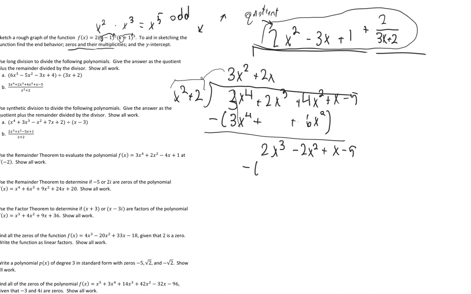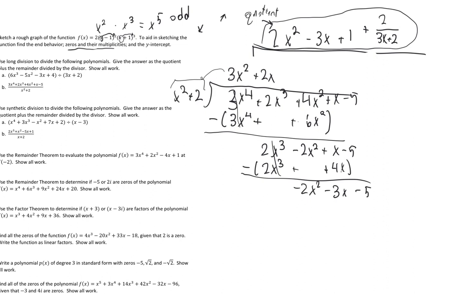So we minus 2x times that. So 2x cubed plus, leave this one blank again, and then 4x right there. Go ahead and add these down. These cancel. We get minus 2x squared minus 3x, because x minus 4x, minus 5.